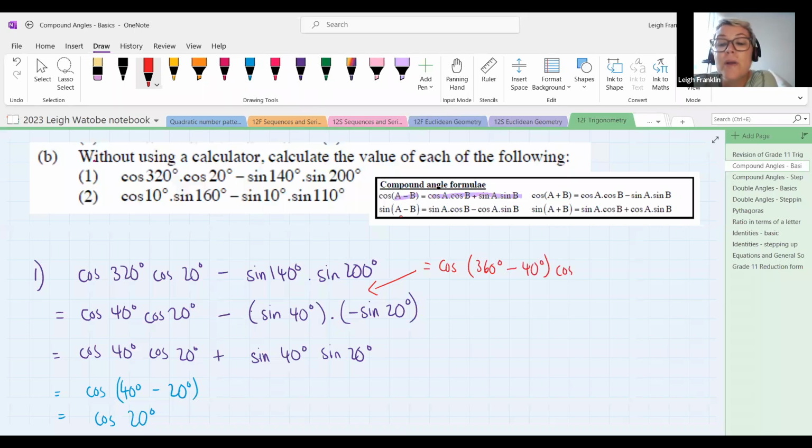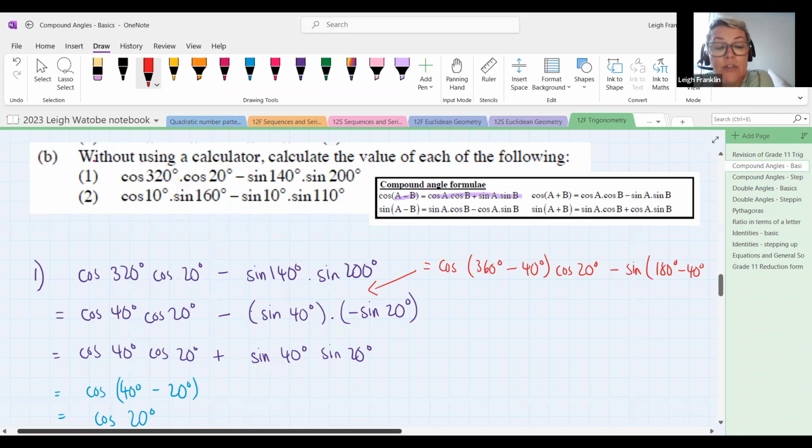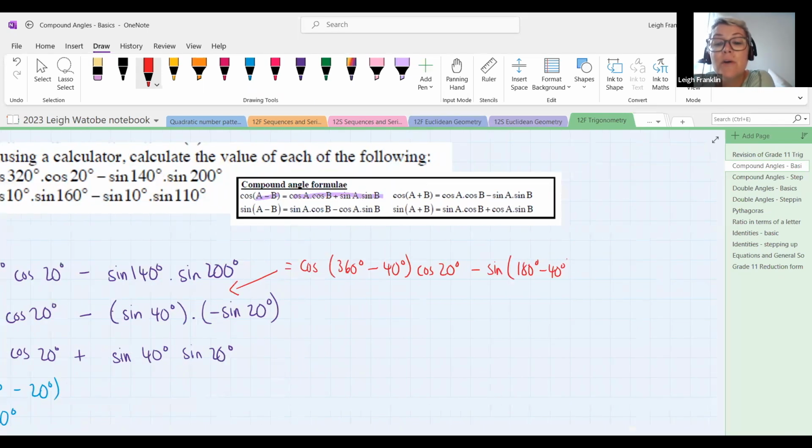And then cos 20 wouldn't change because we don't need to reduce it. As far as sine 140 is concerned, that would be 180 minus 40. And then for your sine 200, we would end up with sine 180 plus 20, like so. Absolutely nothing wrong with that.